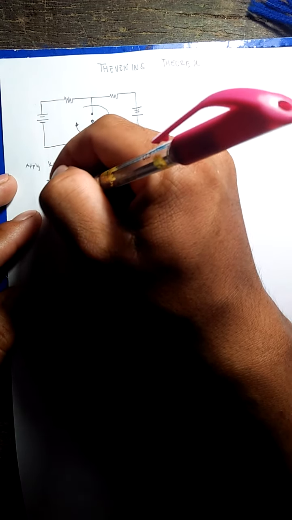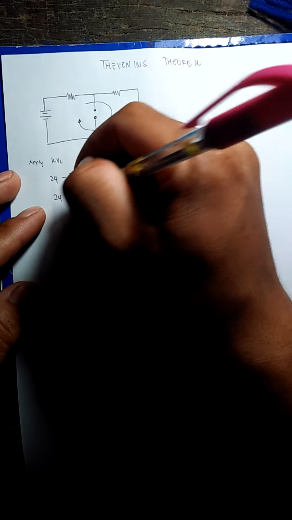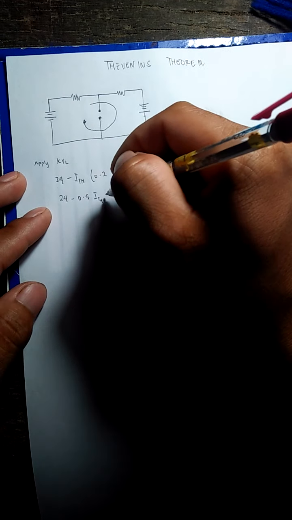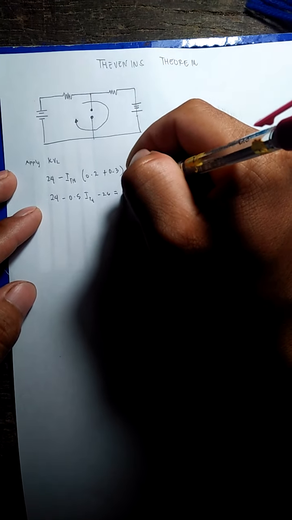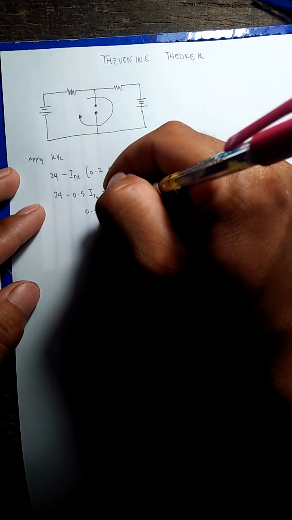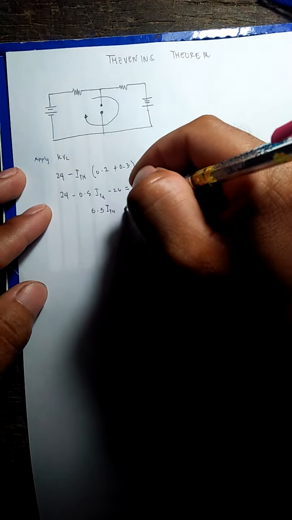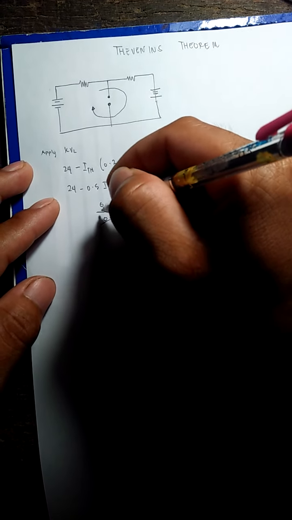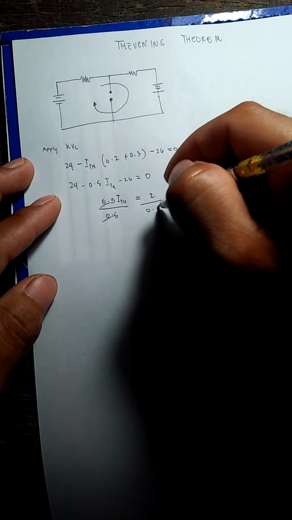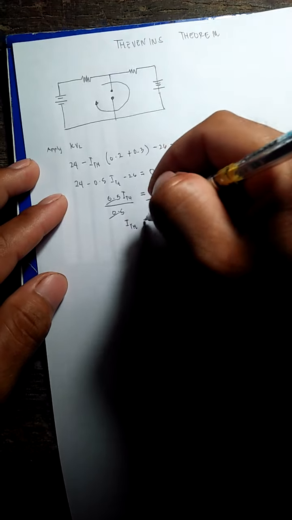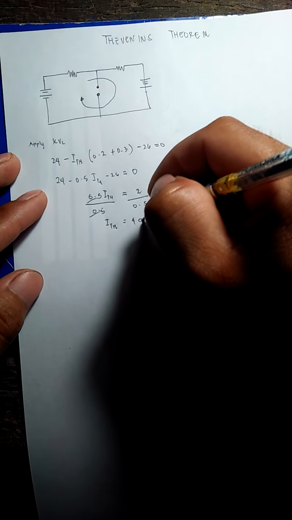So simplify: 24 minus 0.5 ITH minus 26 is equal to 0. So 0.5 ITH is equal to 2. Then divide both sides by 0.5, cancel out. Then our ITH is equal to 4 ampere.